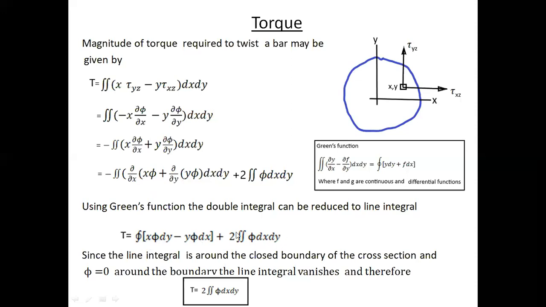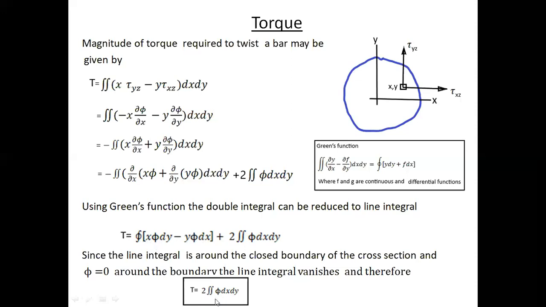This second term is not changed, but the first term becomes a line integral. But then again, think of the boundary condition that we talked about earlier, where we said that phi is 0 along the perimeter. So obviously in the line integral, this quantity will be 0 because phi is 0 along the perimeter. So the first term goes, and we are left with 2 into the double integral phi dx dy.